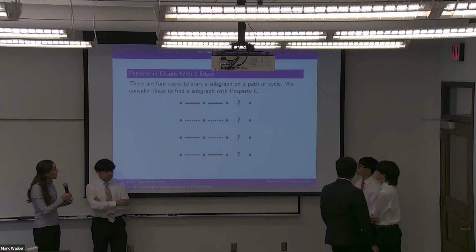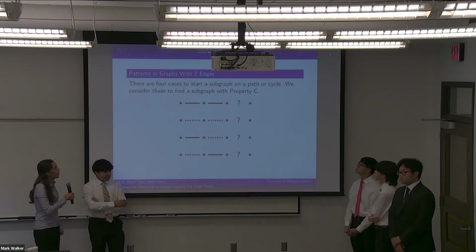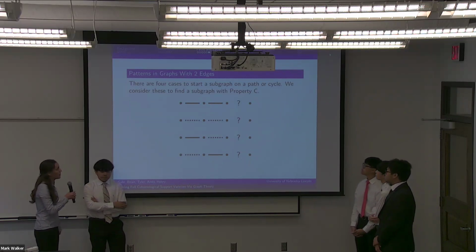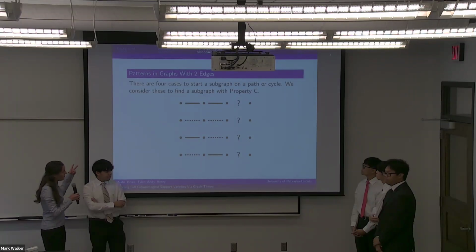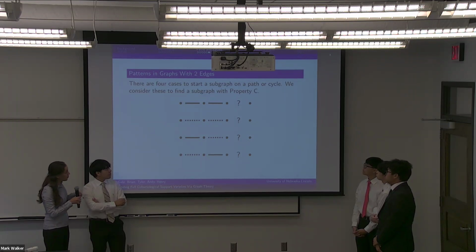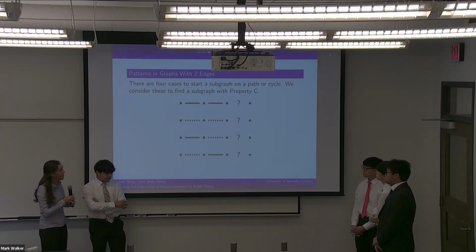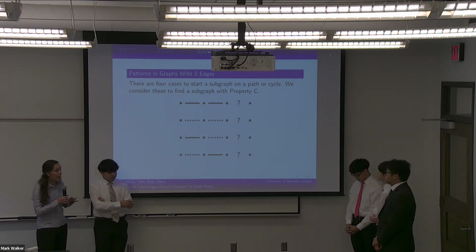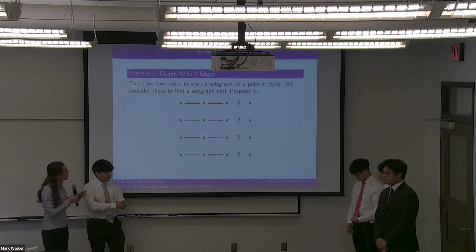Okay, there are 4 cases to start a subgraph on a path or cycle. We consider these to find a subgraph with property C. For example, for the first 2 examples up there, we cannot add an edge to the first one or a gap to the second one, because then we would have 3 of the same kind in a row, which means we can't have property C in that subgraph.